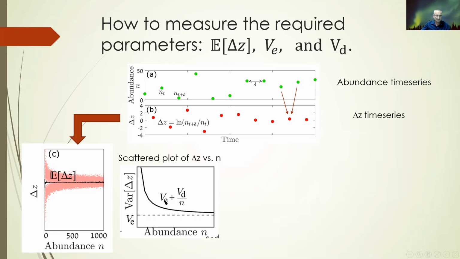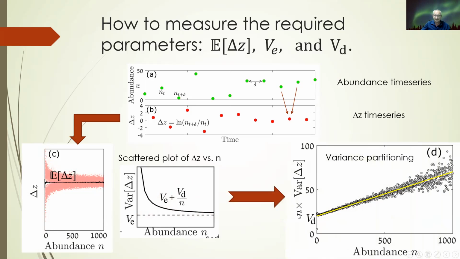This is because the variance is, as I said, made of two parts. One of them is environmental, that's a base variance, and the other is demographic, that gives me something that goes like 1 over n. As a result, I can multiply the variance by n and plot it against the abundance. And this allows me to partition the variance.